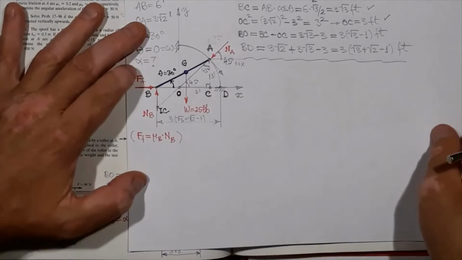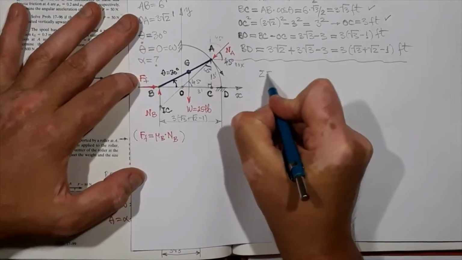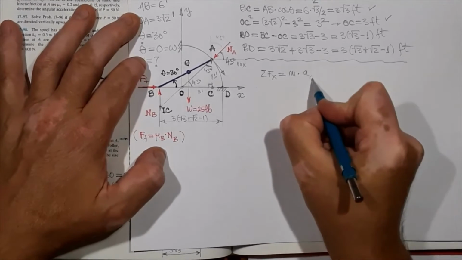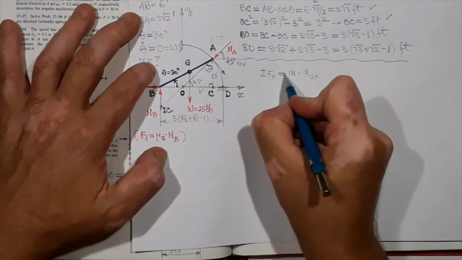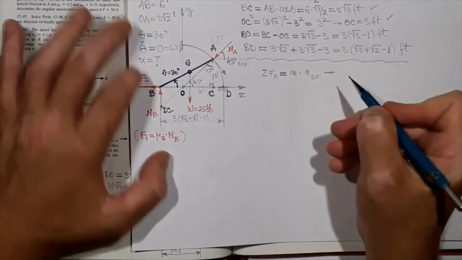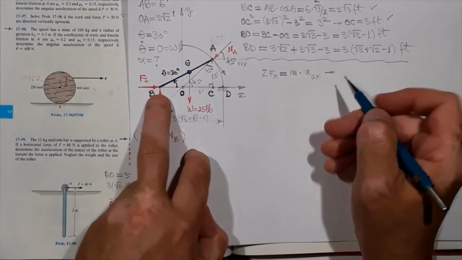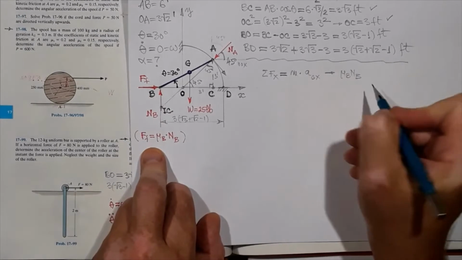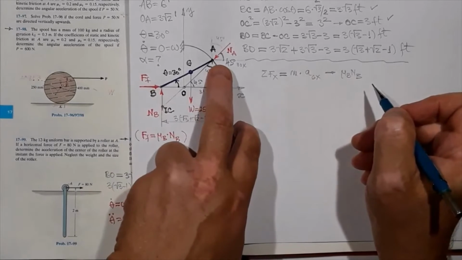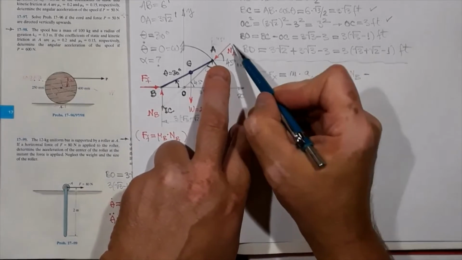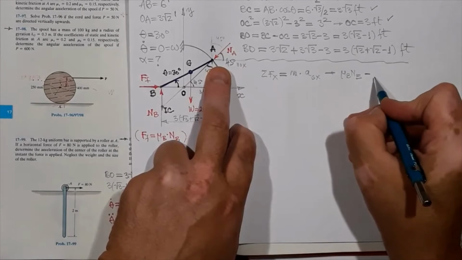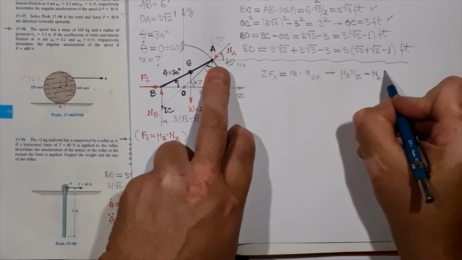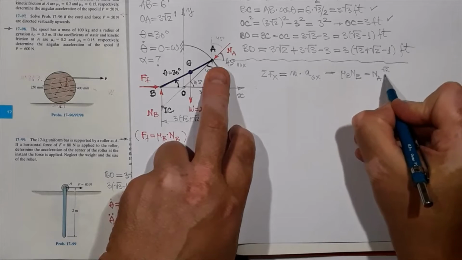Sum of forces in the X direction equals mass times acceleration of G in the X direction. Forces in the X, I have the friction force, that's mu B NB, and then, positive will be to the right, I have negative NA cosine of 45, and cosine of 45 equals sine of 45, square root of 2 over 2.